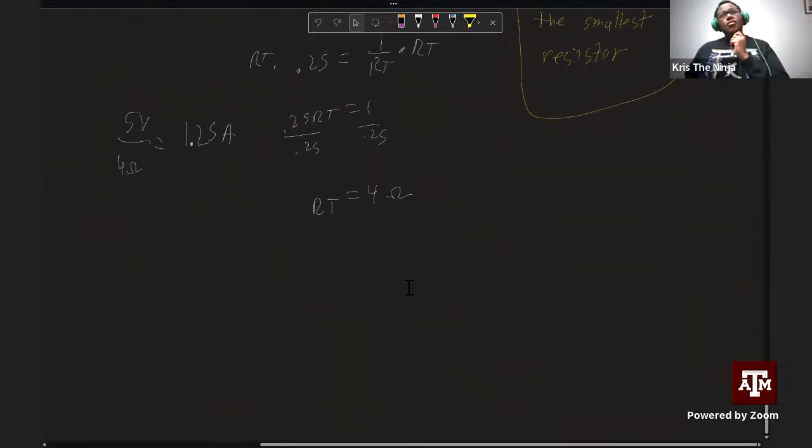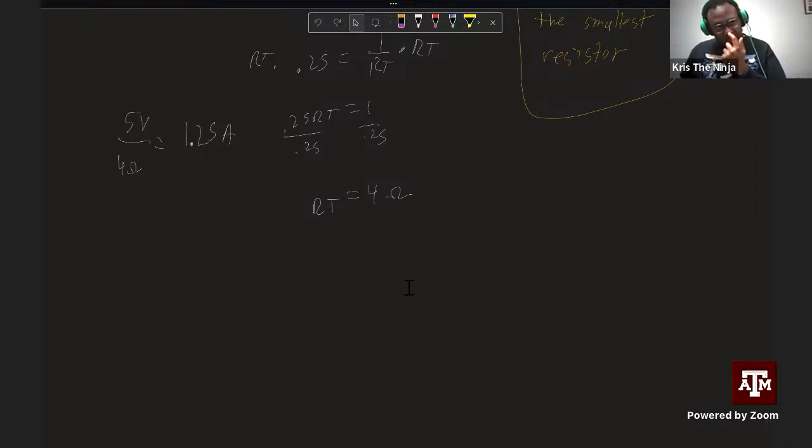I think there's a resistor rule, let me see if it works before I try to explain it to y'all. I had 1 over 10 plus 1 over 10 plus 1 over 10, 3 over 10, 3.